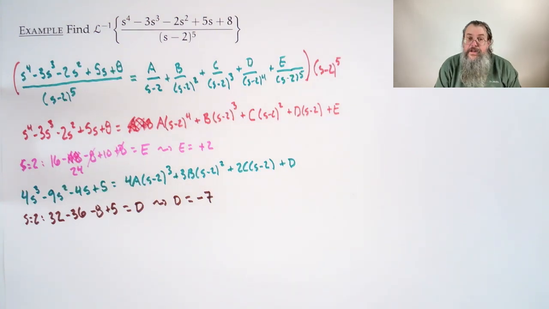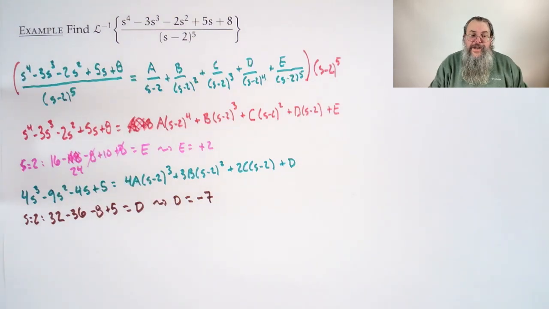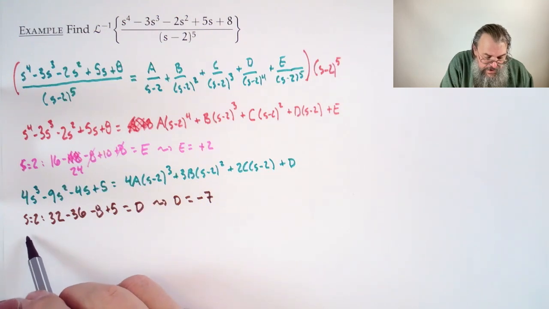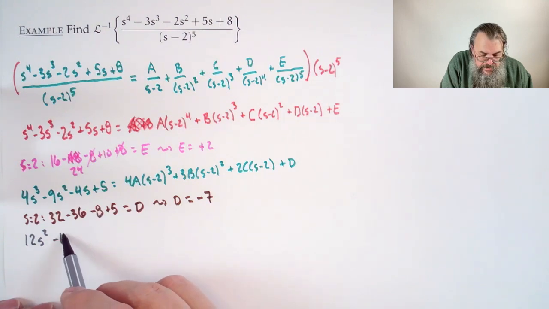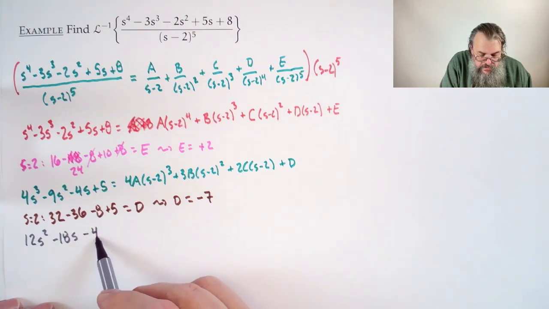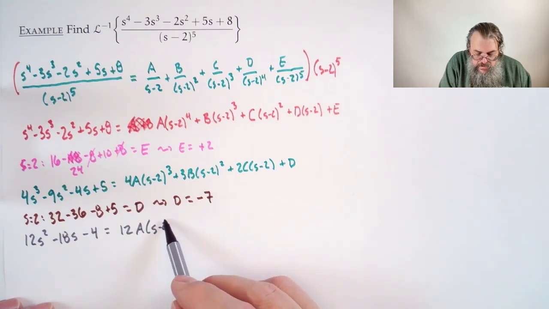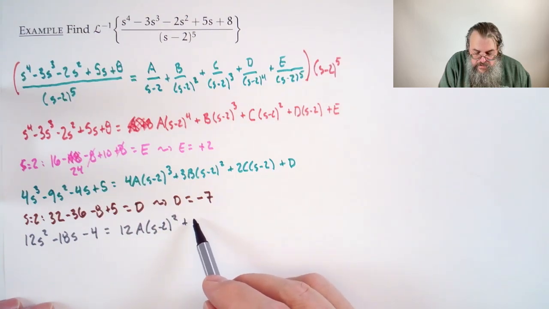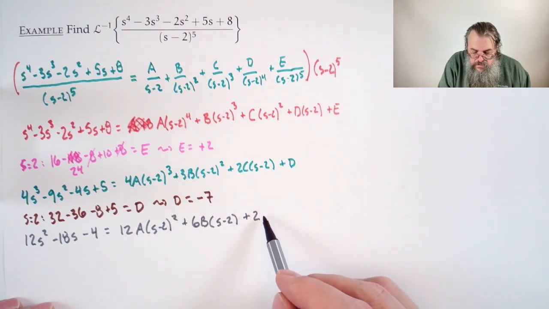Well, fun. Now, the technique was so nice. Let's use it twice. So we're going to take another derivative because we can. If we do that, we get 12s squared minus 18s minus 4 equals 12a (s minus 2) squared plus 6b (s minus 2) plus 2c.